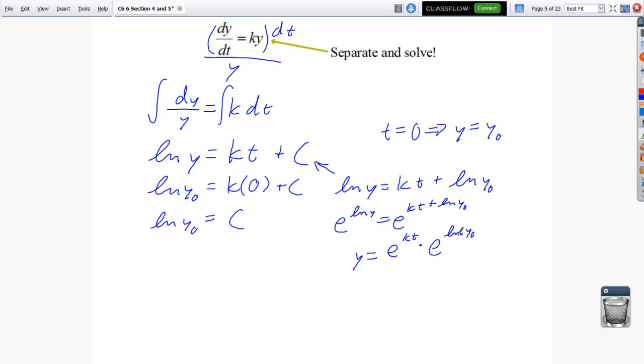So now I see e to the ln of y naught, e and ln over here cancel out. I'm left with my general solution of an exponential growth model to be y is equal to y naught e to the kt. That's your general solution, where y naught, again, is the population when your experiment begins.